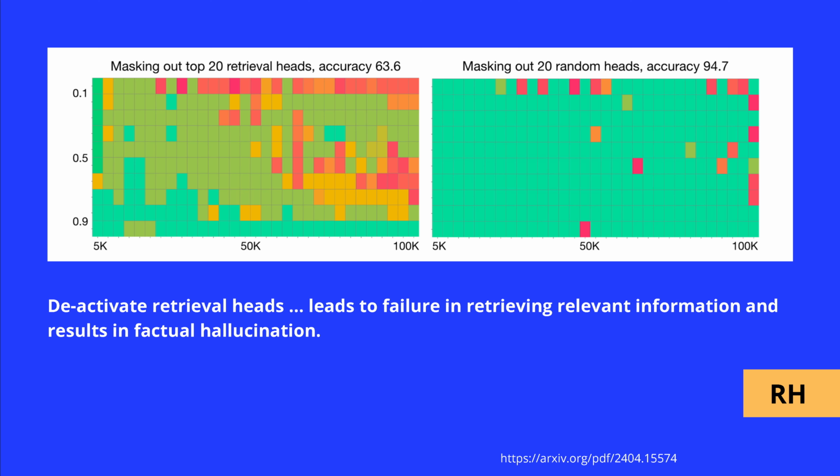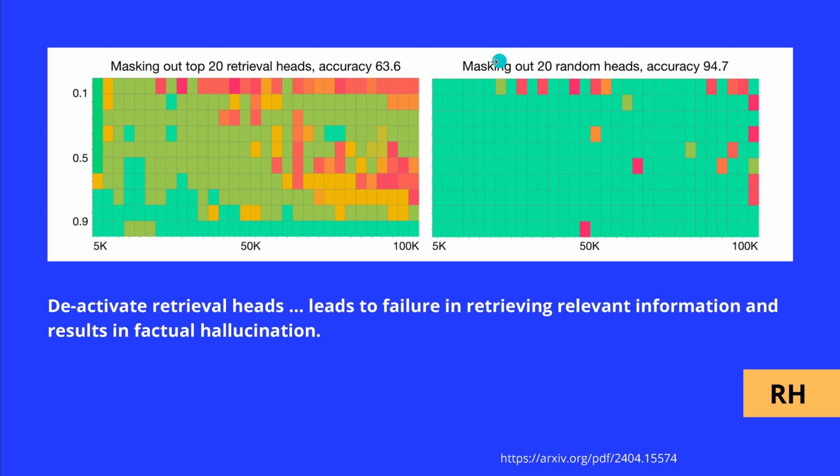Please note that those retrieval heads are not here for the ability to, let's say, generate English sentences. The English language is learned by different attention heads. Those retrieval attention heads are really specialized in the retrieval in our long context LLM. Therefore, we only have a factual hallucination, but not a linguistic hallucination.